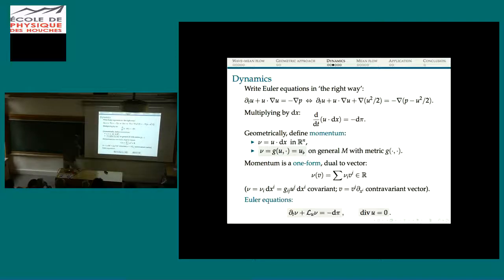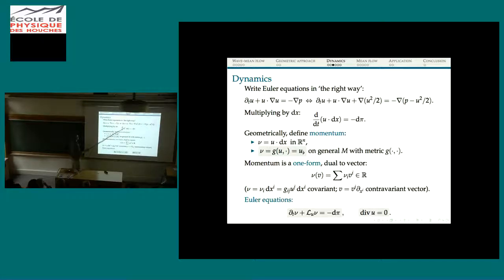So d by dt of dx is du, and then that's just u_x dx plus u_y dy, and then v_x dx plus v_y dy. Okay, so that's just an alternative way of writing the equation. You agree with me that, and so this pi here is just a substitute for the pressure, right?